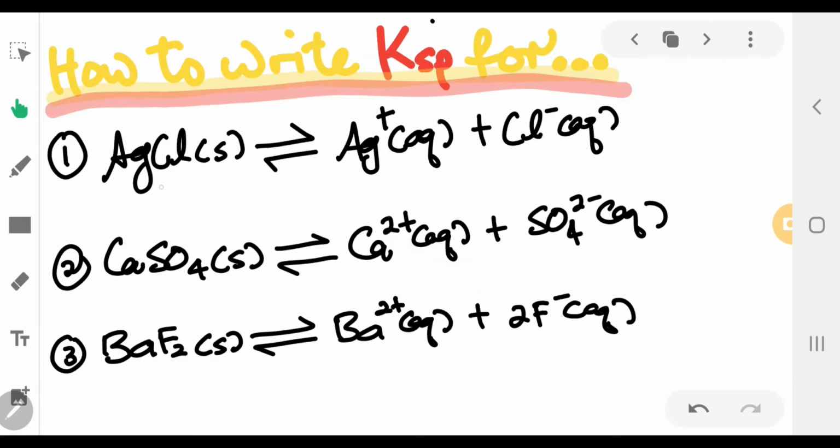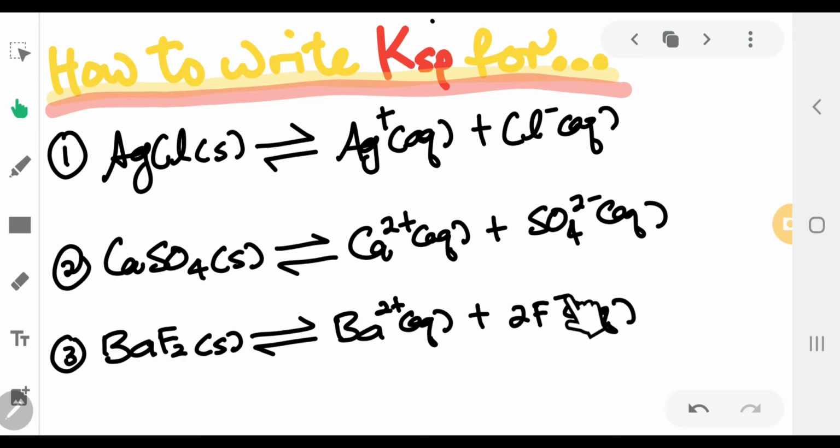So how do we write Ksp for, let's say, AgCl solid with its ionic species, CaSO4 solid with its ionic species, and BaF2 solid with its ionic species?